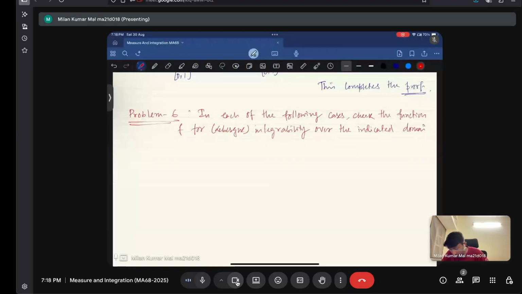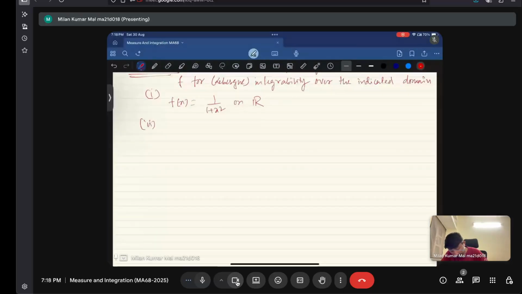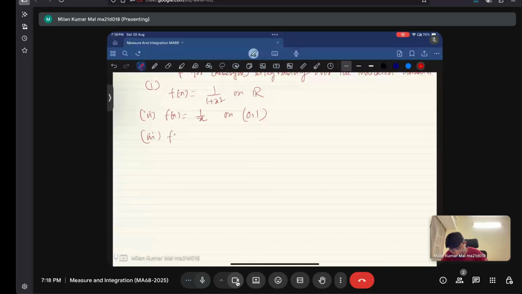So what is the first case? f of x is equal to 1 plus 1 by x square on R. Second case is f of x is equal to 1 by x on (0,1), and third is f of x is equal to 1 by x sin(1 by x) on (0,1). So let's do the first.